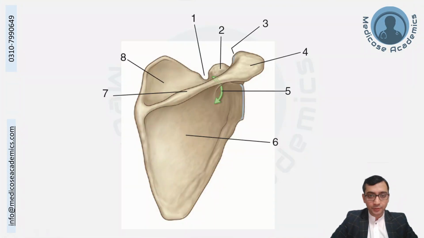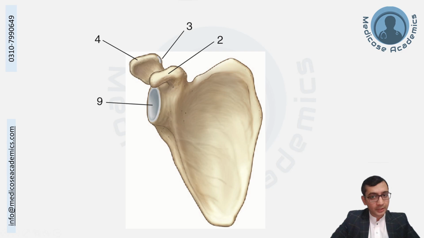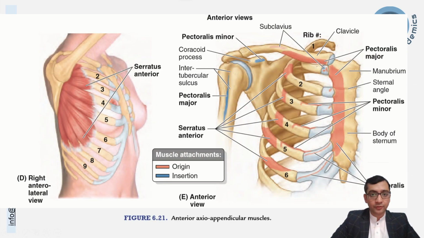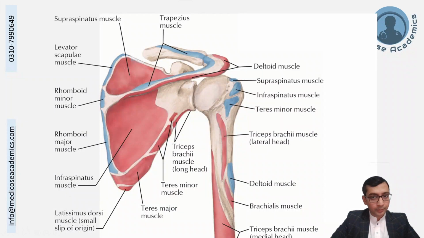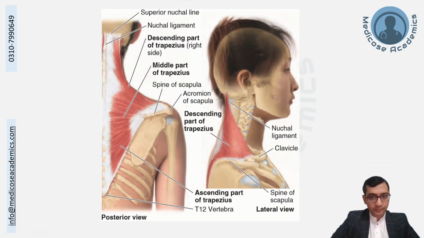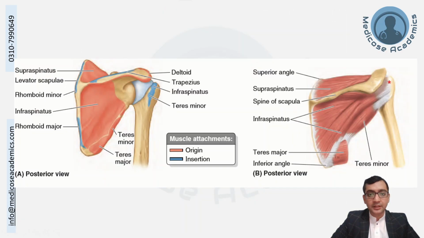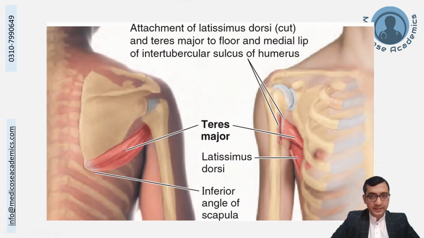So here is a little quiz for you. This first one is from the Gray's Atlas student flashcards. Another one, and these will be pictures from Moore's Clinical Anatomy, showing you the muscles that are originating from the different origin points: trapezius, latissimus, levator, rhomboids, serratus muscle, deltoid muscle.